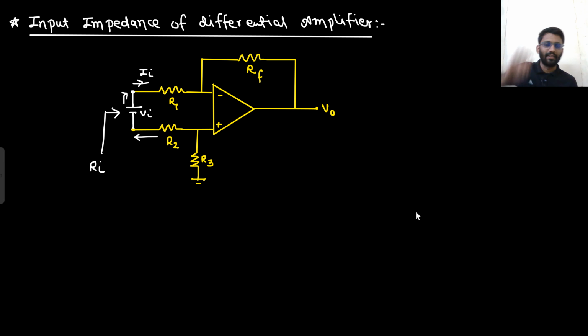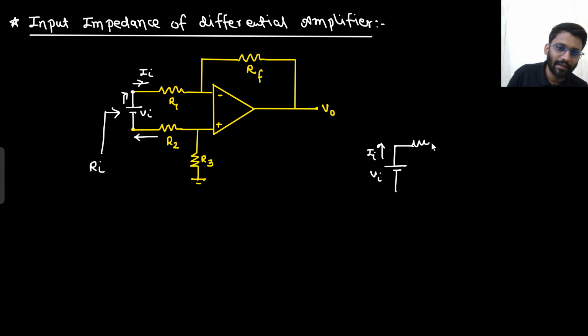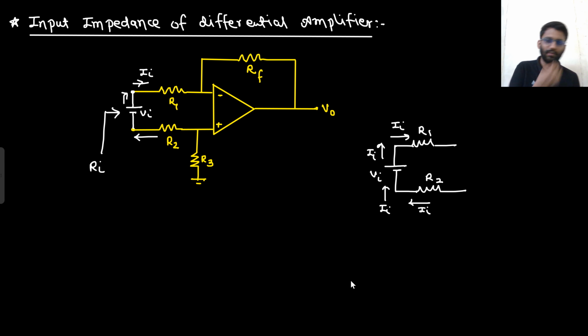Because there is a battery Vi, from it some current Ii is going, and then there is a resistance R1 connected. There is further circuitry, we will talk about it, and then there is this resistance R2 as well. So this current Ii has to flow from here, and this current Ii is going in here, so it has to flow from here as well. Say yes or no, right?